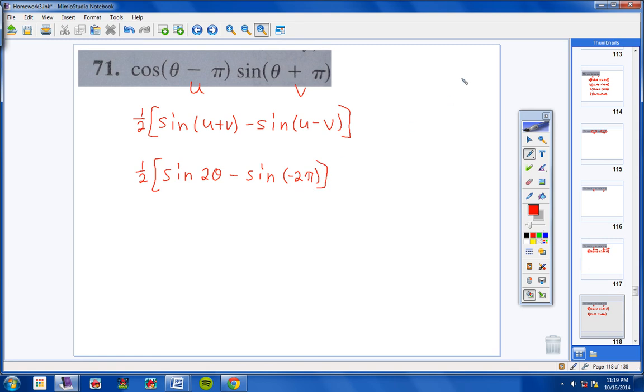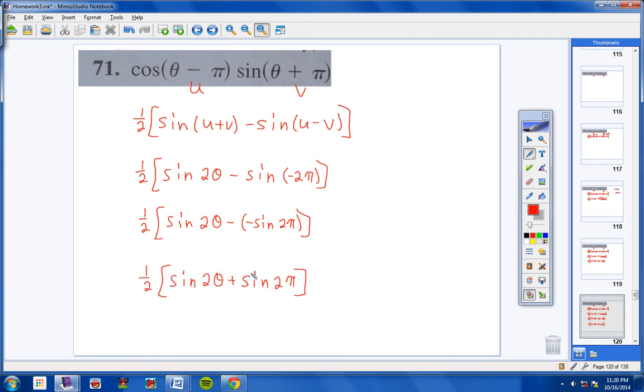And now we have the same thing we had before. Sine of a negative angle is the same thing as negative sine of the positive angle. So I'm going to bring this negative out front and make this positive right here. And then a negative and a negative gives me a positive. All right, and we are moving on.